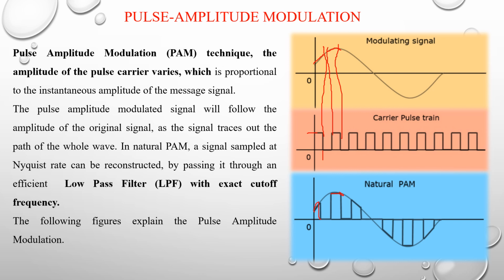Similarly for the third interval, fourth interval, and nth interval. So in pulse amplitude modulation, the carrier signal or rectangular pulse is multiplied with the modulating signal, giving the pulse amplitude modulated signal. So this is the resulting waveform.